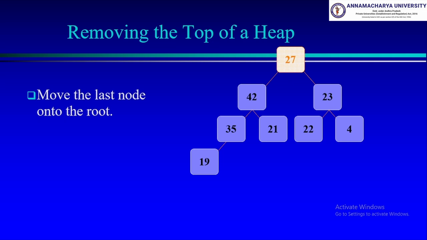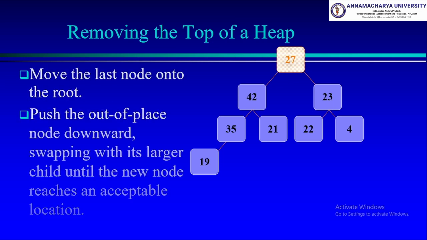In this case, 27 and 42 are compared, and whichever is the higher value, that swap is required. That is called downward push: swap with its largest child until the new node reaches an acceptable location.